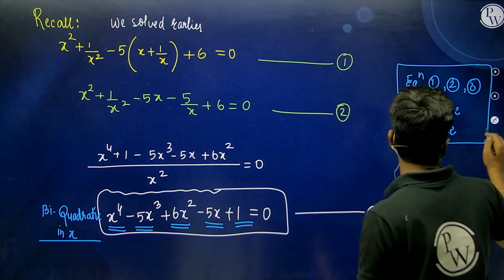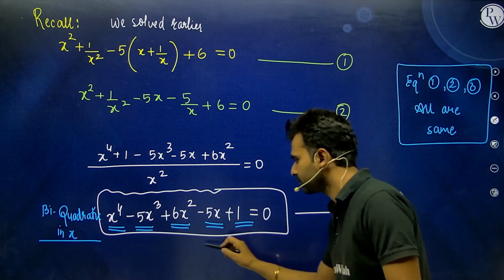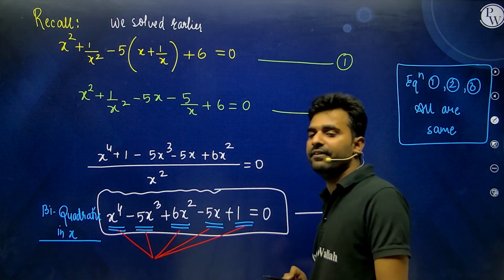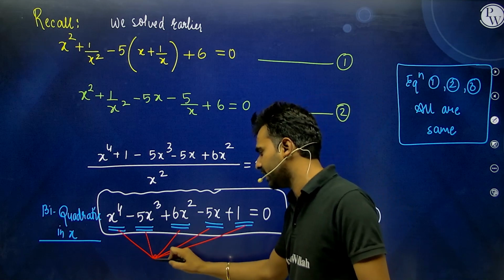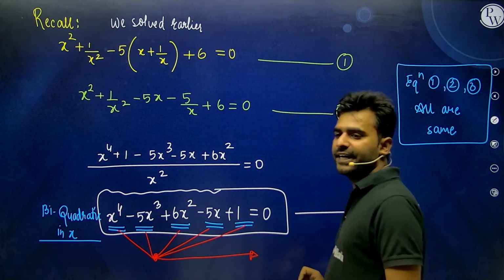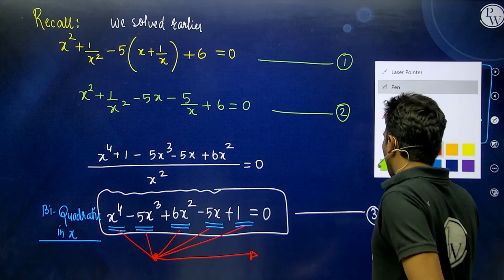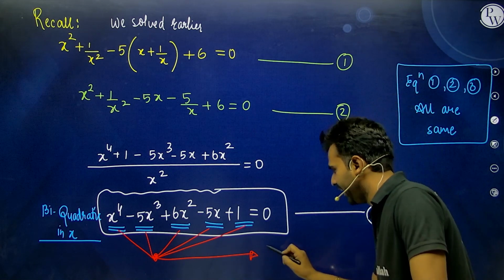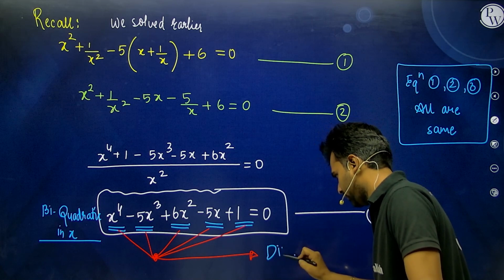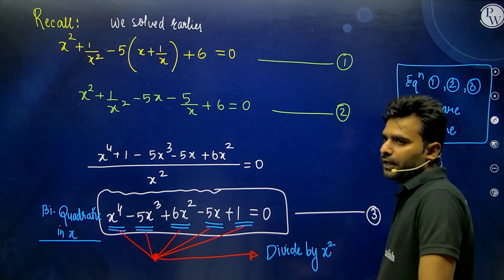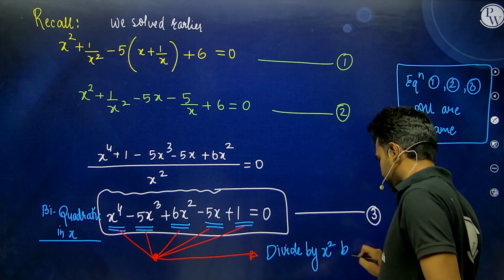Whenever you see that these 5 terms are there in an equation, what you have to do is divide by x square, both the sides.